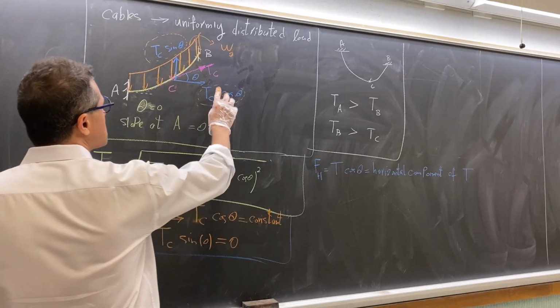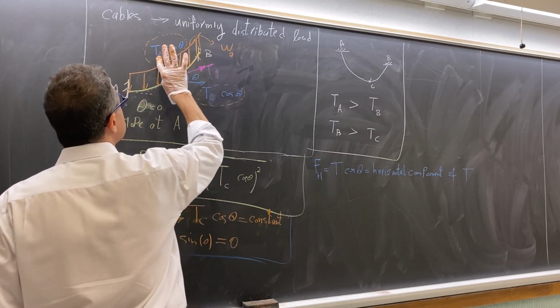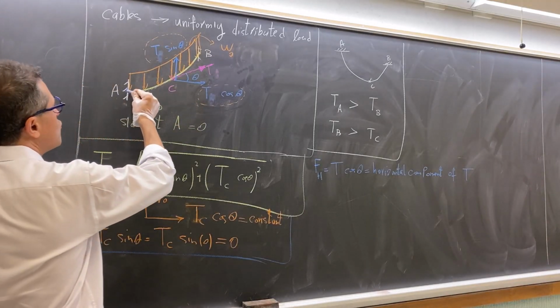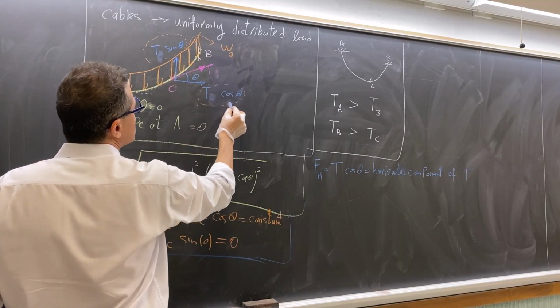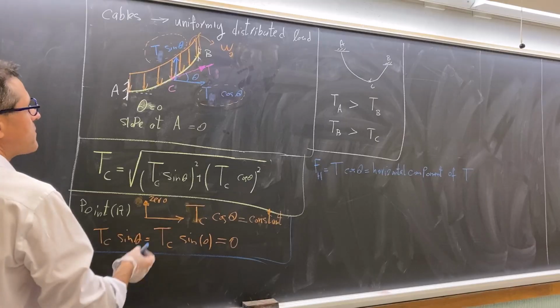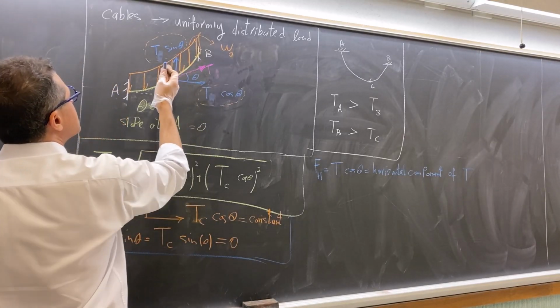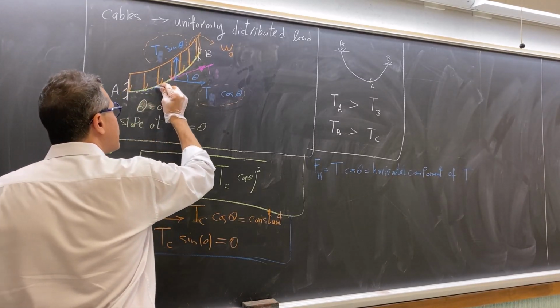If I just forget about C here and show it with T, then you can see that when you move over the cable, you have two components. One of them is T times cosine theta, which is constant. It doesn't change. The other one is T times sine theta, which is 0 at point A, and it gradually increases.